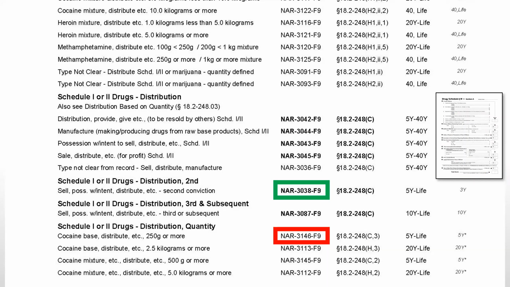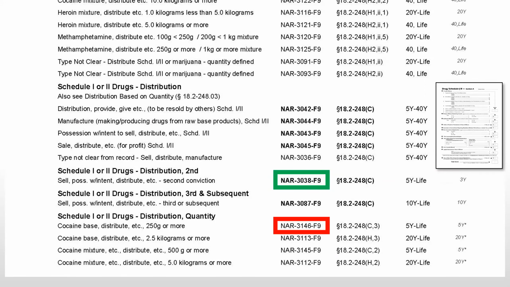Because they're both life maximums, we would go with the guidelines offense, sell Schedule 1 or 2 drug, second conviction. As long as your guidelines offense has a statutory maximum equal to or greater than the non-guidelines offense, then you'll always do the guidelines offense as your primary, scoring as the additional offense the non-guidelines offense.